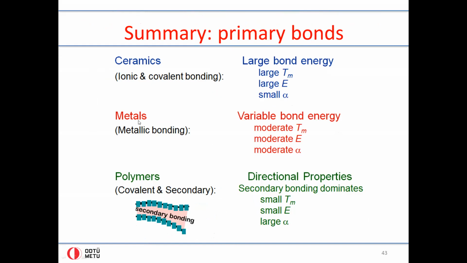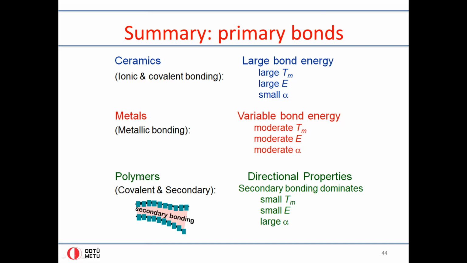Metals, because we said they have slightly lower strength in their bonds, tend to have lower E values. So we refer to them here as not large but moderate. And correspondingly, they have moderate values of Tm and alpha.